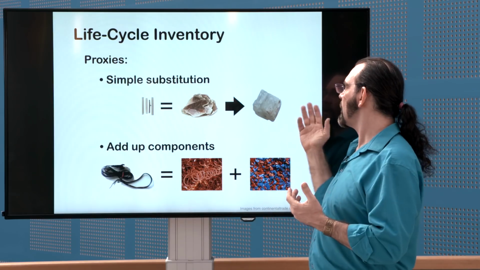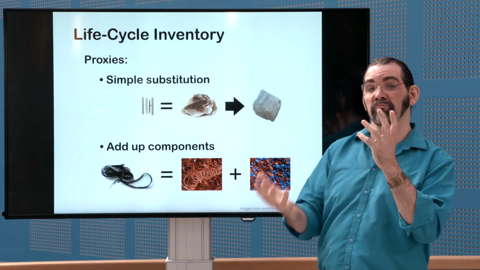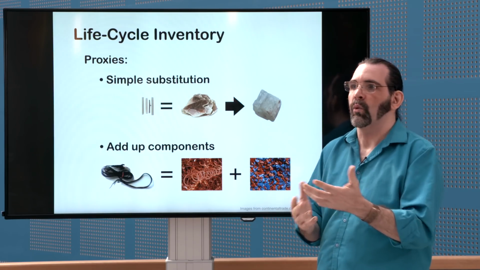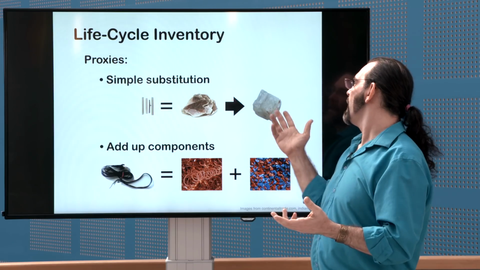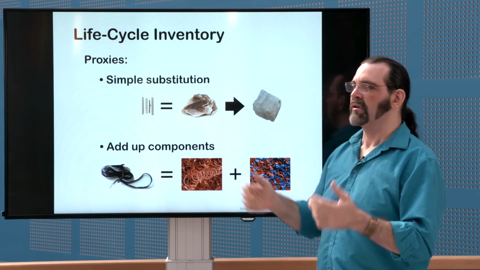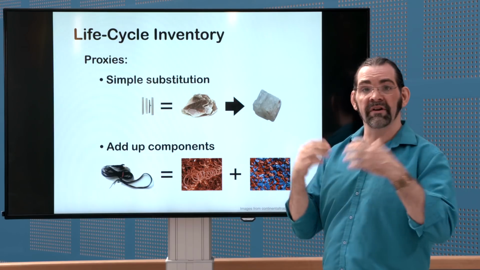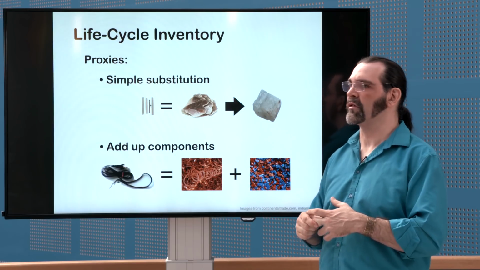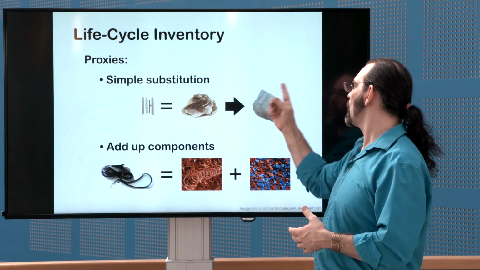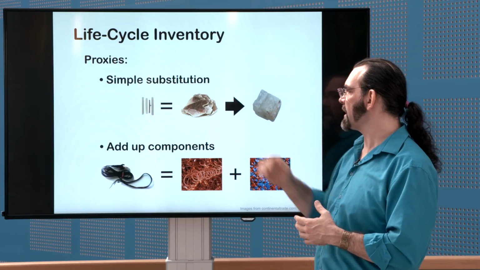And so I had to substitute that for something that I thought would be a good proxy environmentally, not necessarily functionally, but environmentally. What's a similar mineral that has similar non-toxicity and similar abundance in the world and similar sort of mining procedures? Doesn't take a whole lot to mine. And so I chose gypsum as a simple substitution for mica.